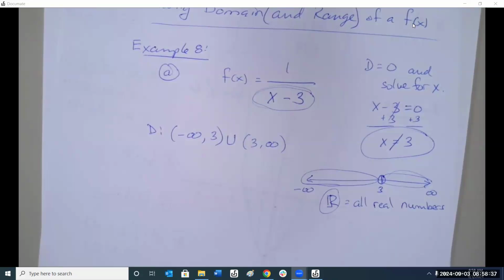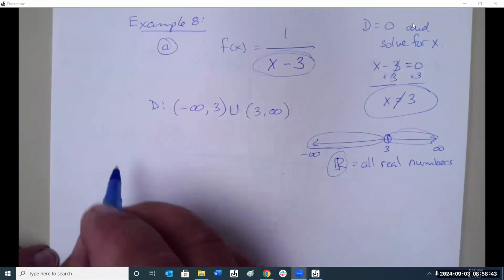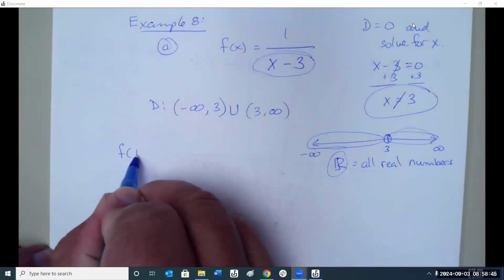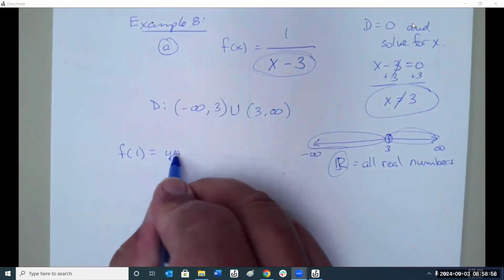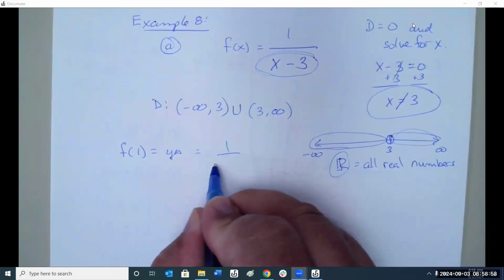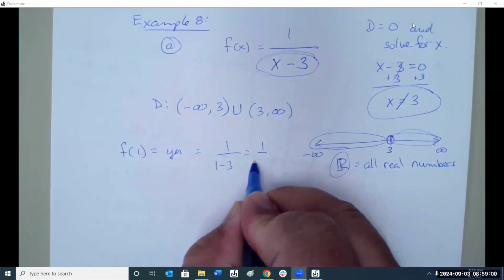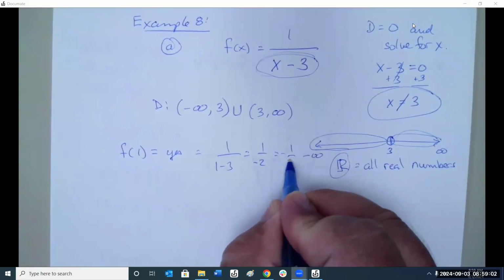It just cannot equal 3. So is that valid? Is 1 in the domain? Yes. Because that's going to give you 1 over -2, which is -1 over 2.